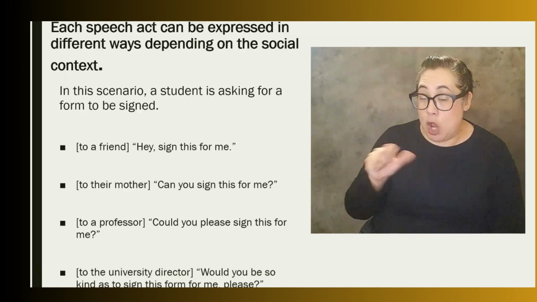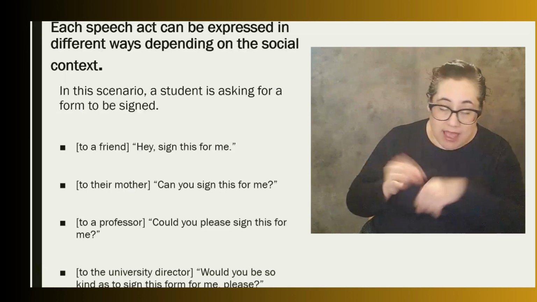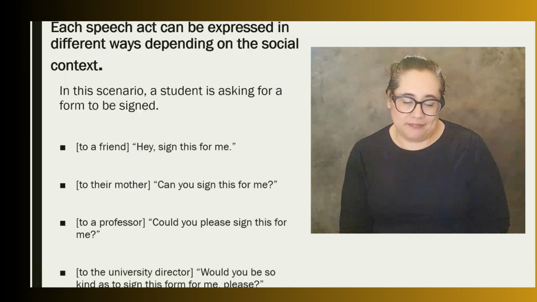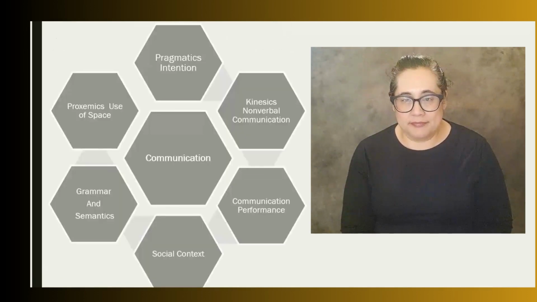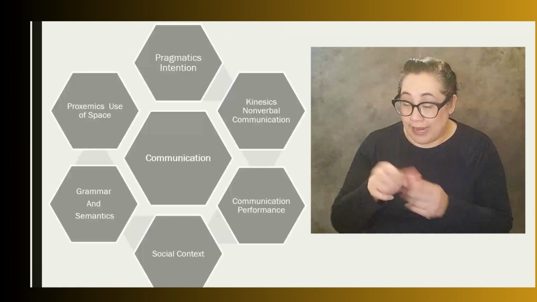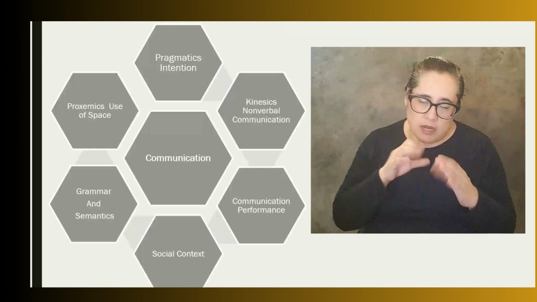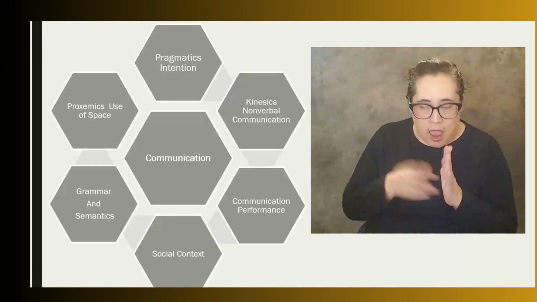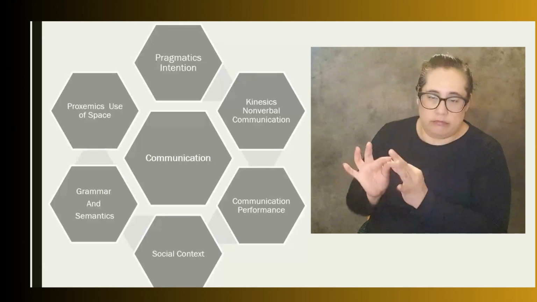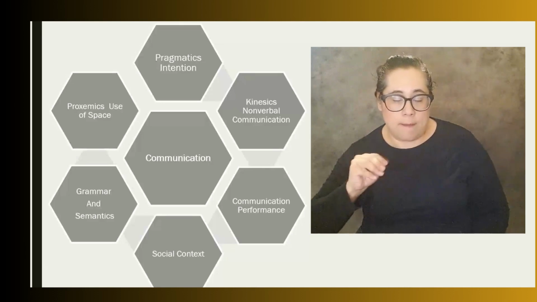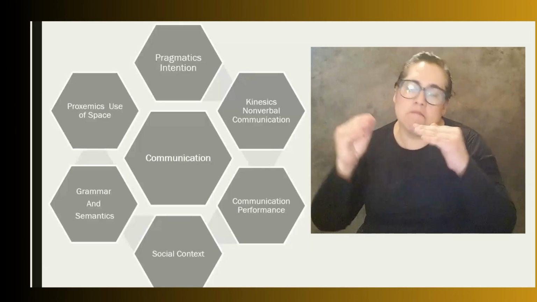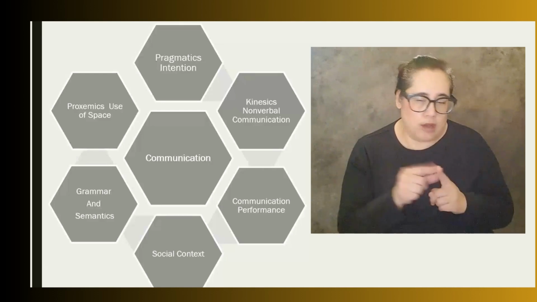All of those elements influence communication. Remember, interpreters use the entire context of communication in order to understand meaning and produce an accurate interpretation. Pragmatics helps us move beyond words and understand human communication more completely.